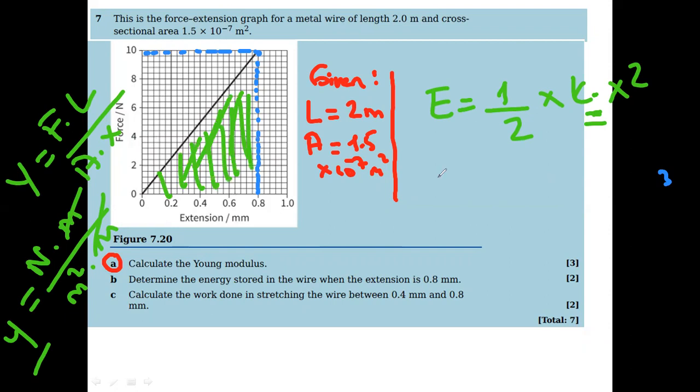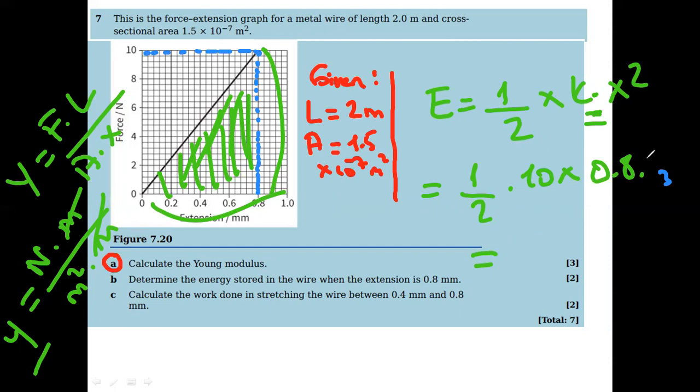So the area of this triangle will be equal to what? 1/2 times height, given as 10, times base, 0.8. So the force is given in Newton. The extension is given as 0.8, but we should change it into meters.